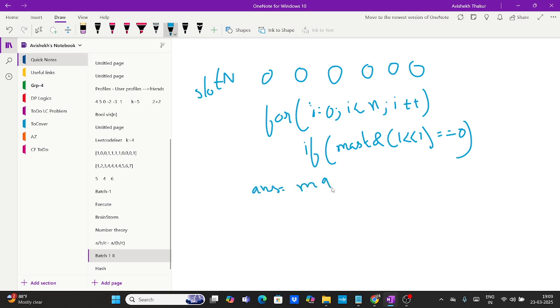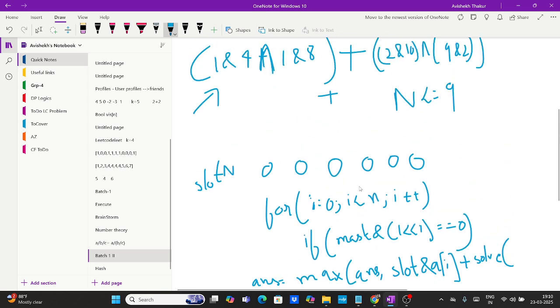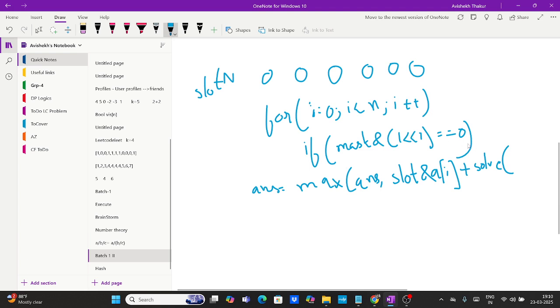Since we need the maximum, answer equals max of answer, slot and a of i, plus solve of slotnumber plus 1 comma mask. This is for one element.